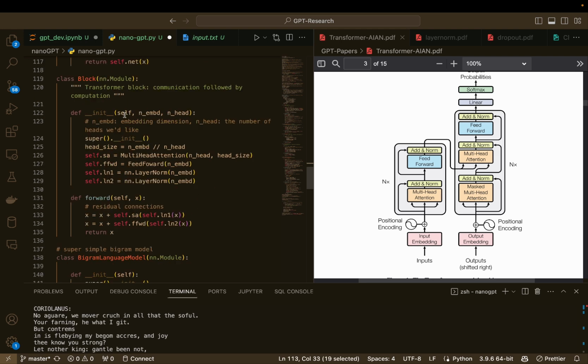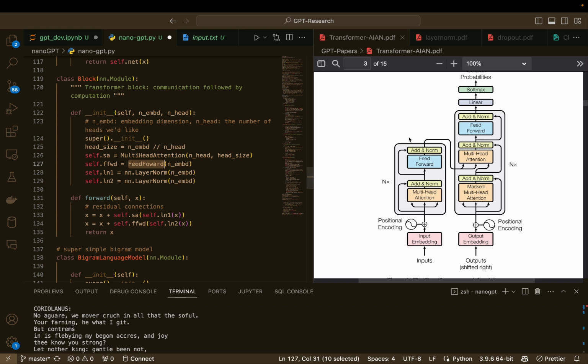And then if we look at the main block of our transformer, this is the main block, this entire thing here. We can see we have multi-head attention, this one, and then we have our feed-forward layer, which is here, somewhere around there. And then we have our layer normalization, that is this one.